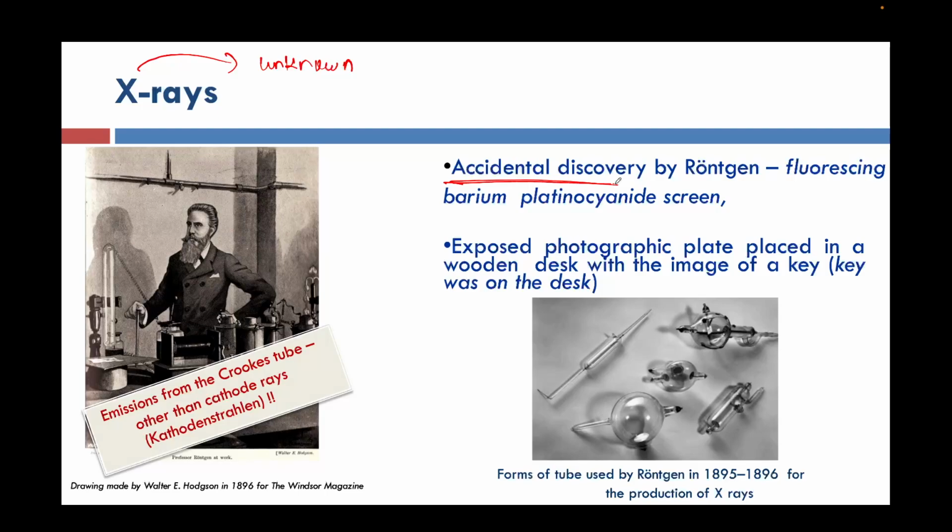That is why in English X means we don't know. Röntgen was not an Englishman, so initially the name was Röntgenstrahlung in German, but when that German name was converted to English, the name became X. So X means unknown rays. At the time of discovery, no one knew what these rays actually were.